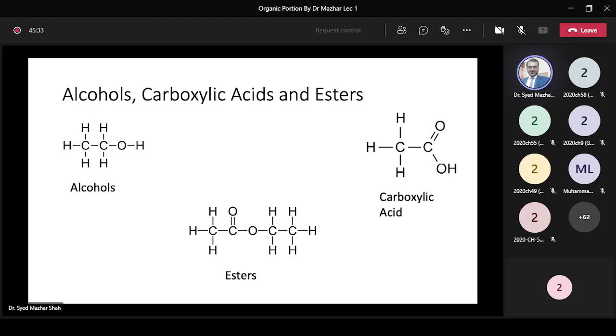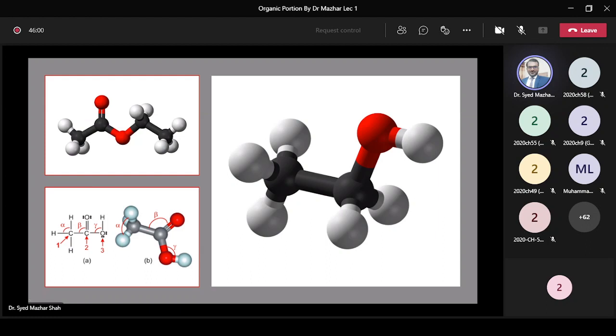And in this ester group, if we have this COO linkage, they will also have their own specific set of general chemical reactions and general chemical reactivity trends. So they will also follow a similar pattern, just as we discussed earlier. And also in carboxylic acid, they will have the same. And this is a depiction of their structures.